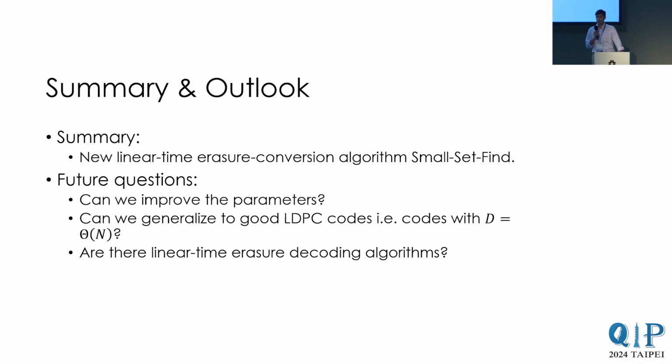I think it should be able to work for the class of good codes with distance proportional to n. Sorry, what were the other parts of your question?